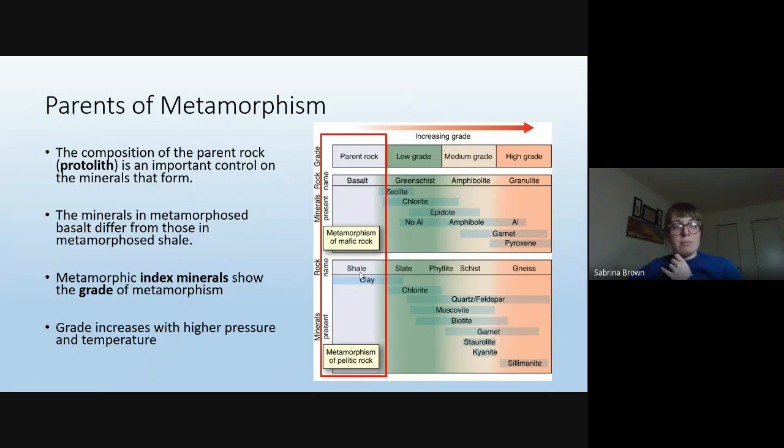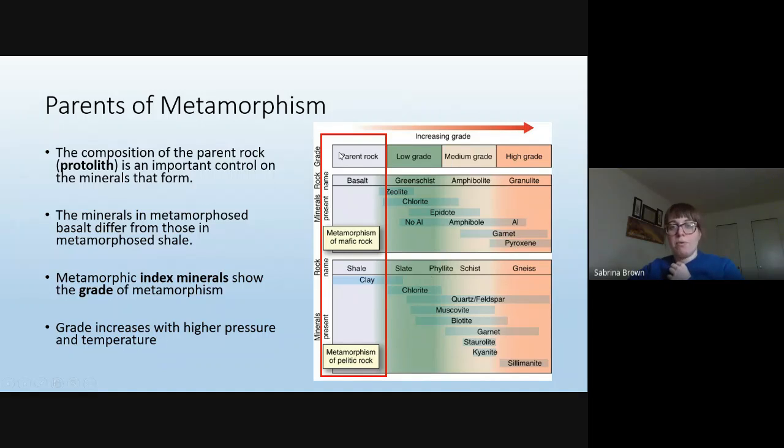And what we see is that as we subject these to higher and higher metamorphism, because remember, as grade increases, the amount of metamorphism increases, higher temperature and pressure as we move to the right on this diagram, we can use certain index minerals, minerals that we know form at specific temperatures and pressures, to indicate what the grade of metamorphism is.